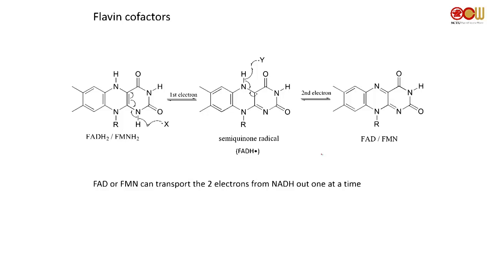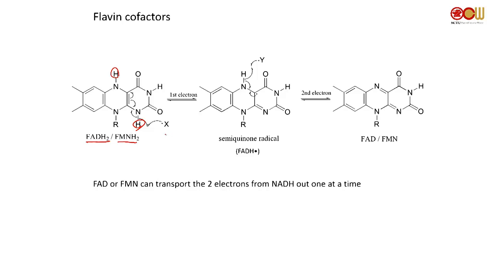Flavin can be reduced by NADH to become FADH2 or FMNH2. In the reduced form, you will have two hydrogens, one right here and the other one right here. And what you can do is donate one electron at a time.